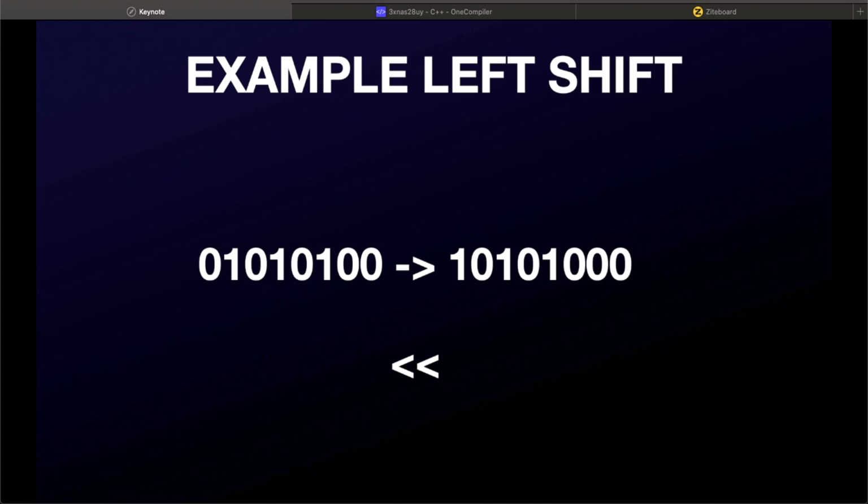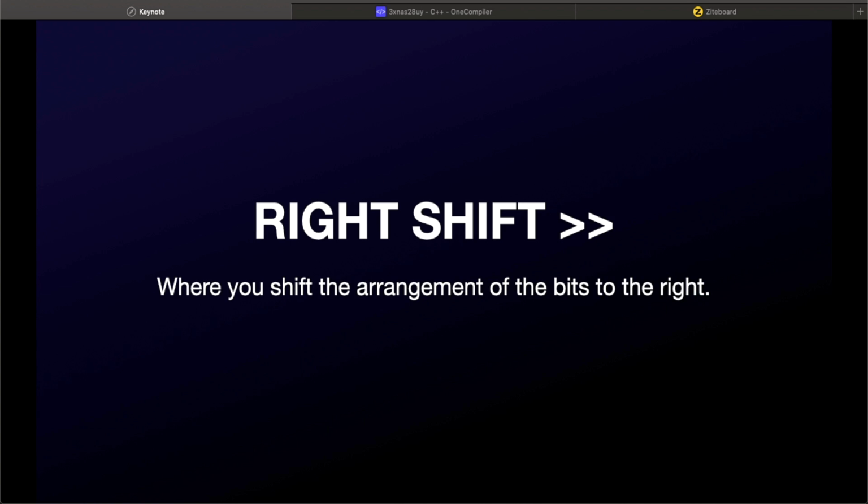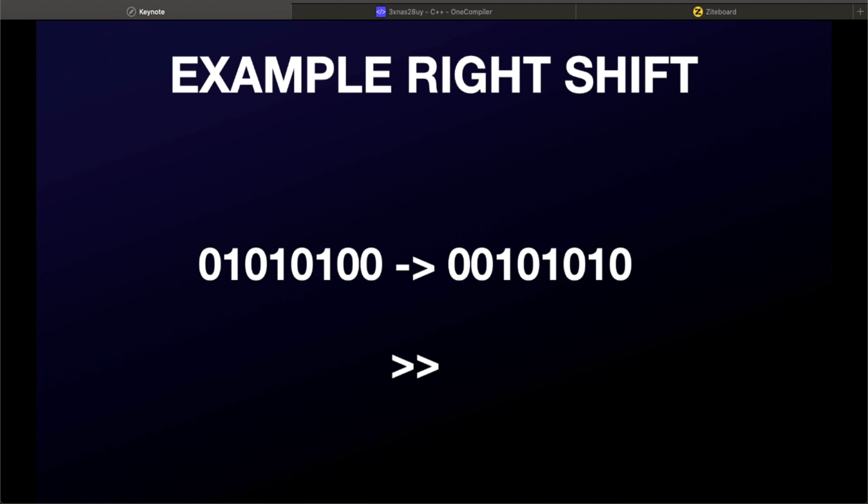Now let's look at right shifting. It's basically the same, but instead of shifting the elements to the left, we're shifting them to the right in this case. So this pattern will go one step to the right, and we'll add 0 in front of it instead of at the back of it.